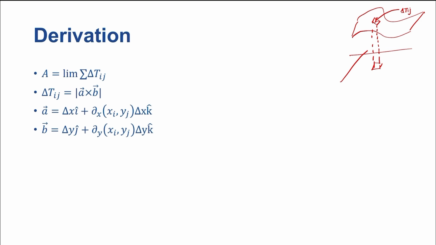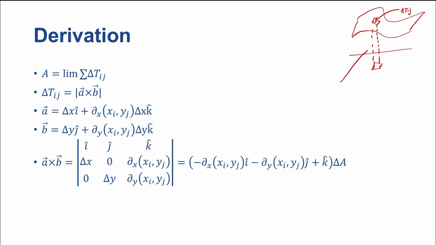So then we also need to define B, which is delta y j hat plus the partial with respect to y at x sub i, y sub j, delta y times k hat. And then we need to take their cross product, which is the determinant of a matrix. So we take A cross B. You might not want to do this with the sine theta, cosine theta definition. It's going to be easier this way.